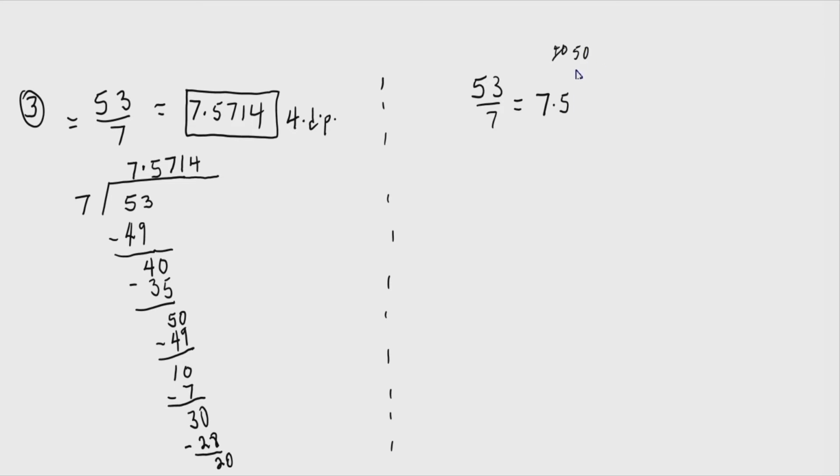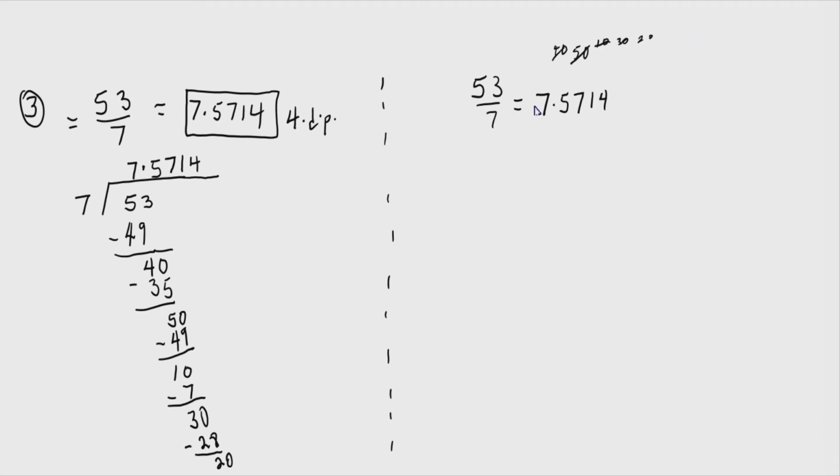So 7 and 50, we go back to the 49 thing. So that's 7 times. And there's 1 left. So 7 and 10 is just 1. There's 3 left. 7 and 30 is 4, which is 28, and there'll be 2 left.